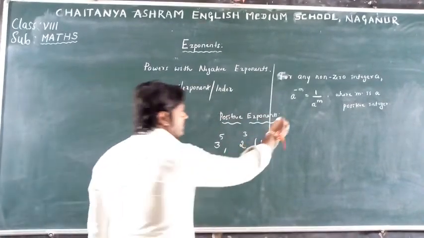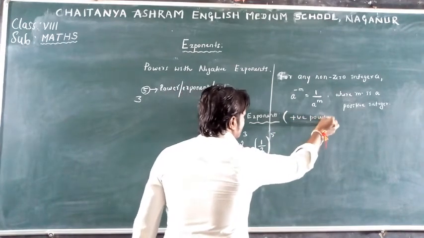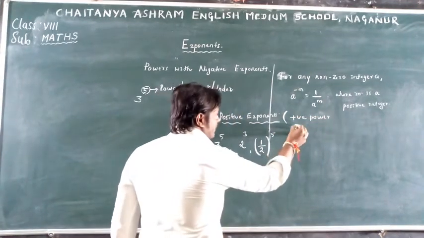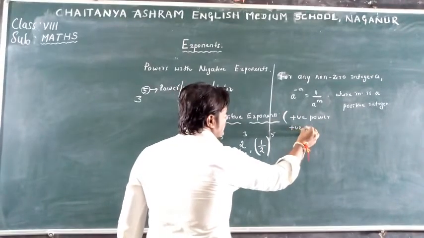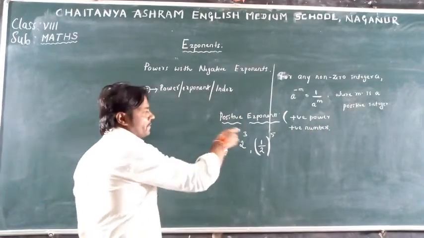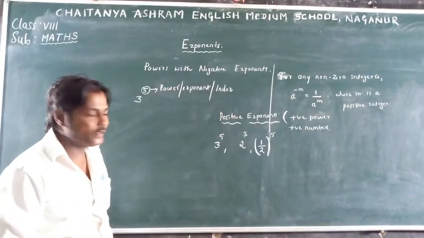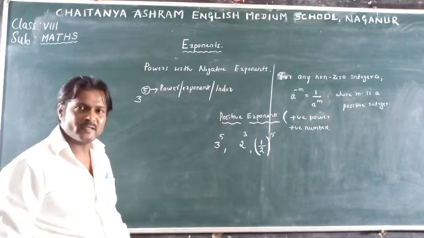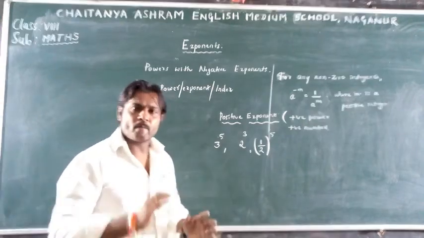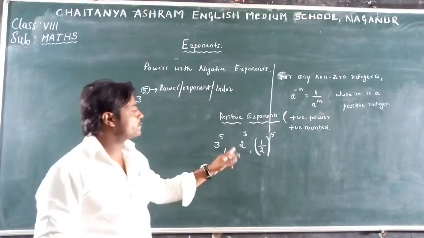Positive exponents have positive powers, that is, positive numbers: plus 5, plus 3, plus 5, and so on. Such exponents are called positive exponents, and it is very easy to find their value.